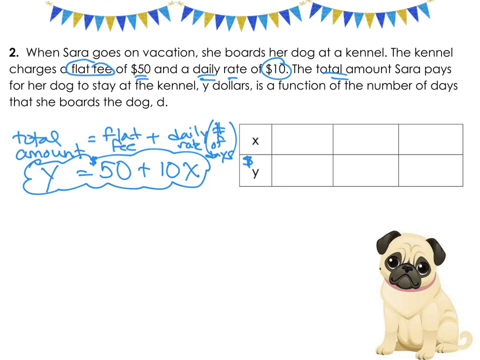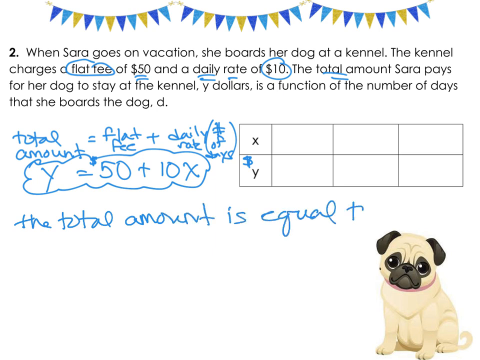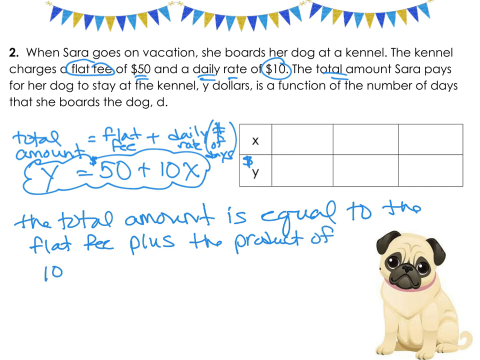We can always say that the total amount is equal to, so I'm just translating the equation, is equal to the flat fee plus the product of 10, okay, and the number of days.